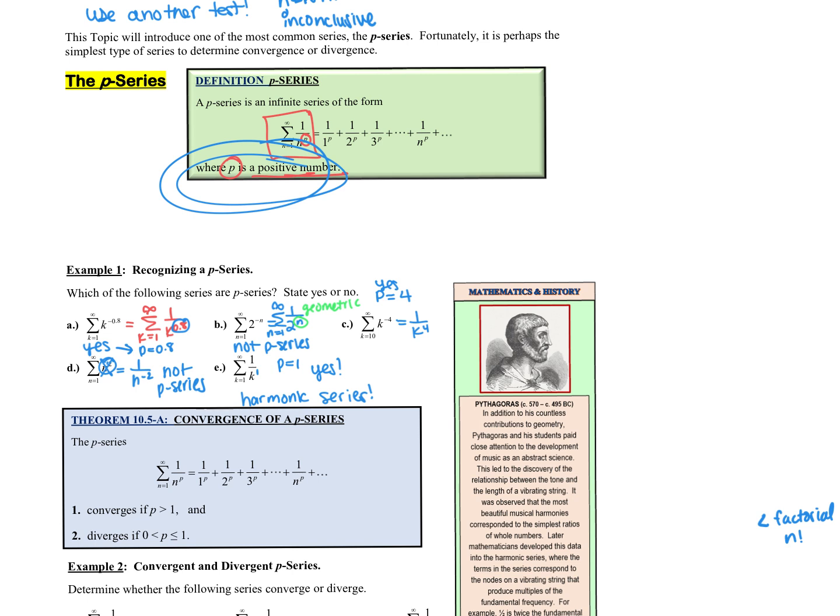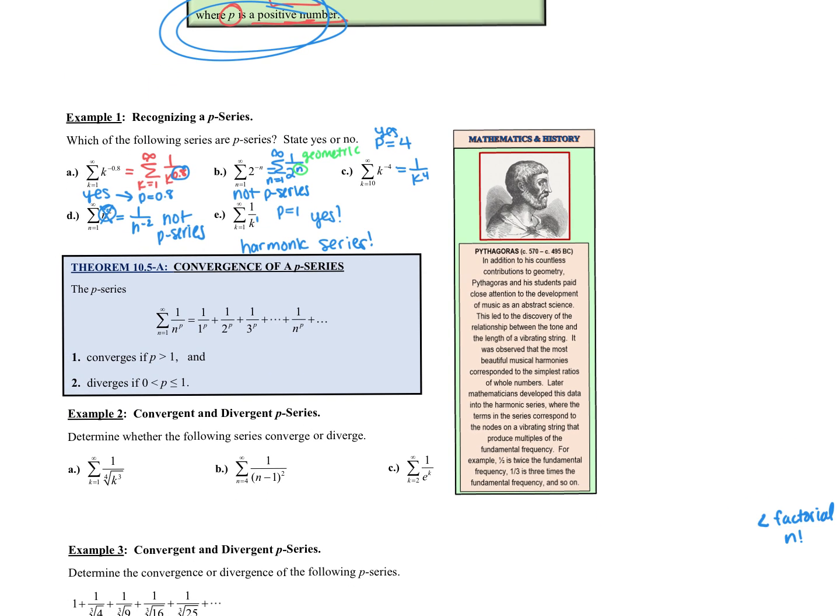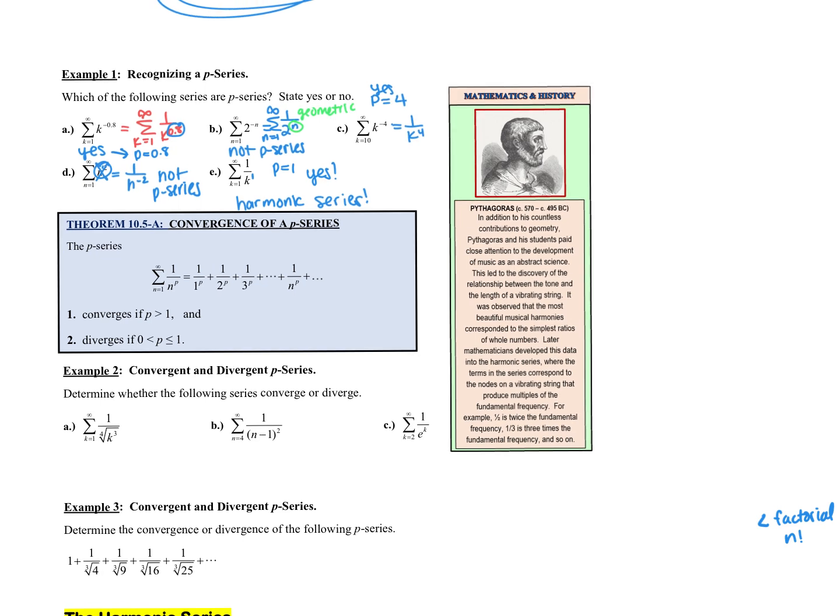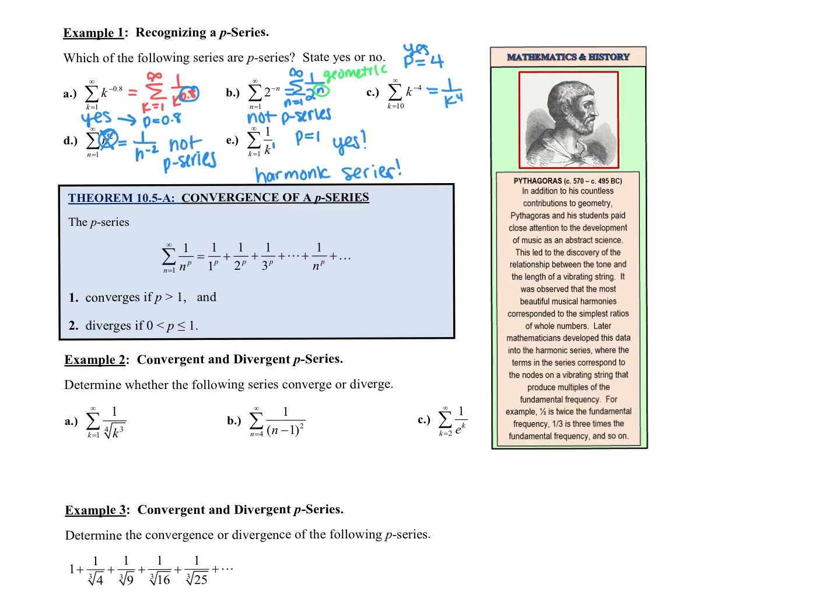Okay, so once you know that something is a p-series, it's really, really easy to see if it converges or diverges. The only thing you have to be careful of is it's very similar to a geometric series. Okay, so a p-series converges. All you have to do is know what p is. If you know what p is, then if p is greater than 1, then we converge.